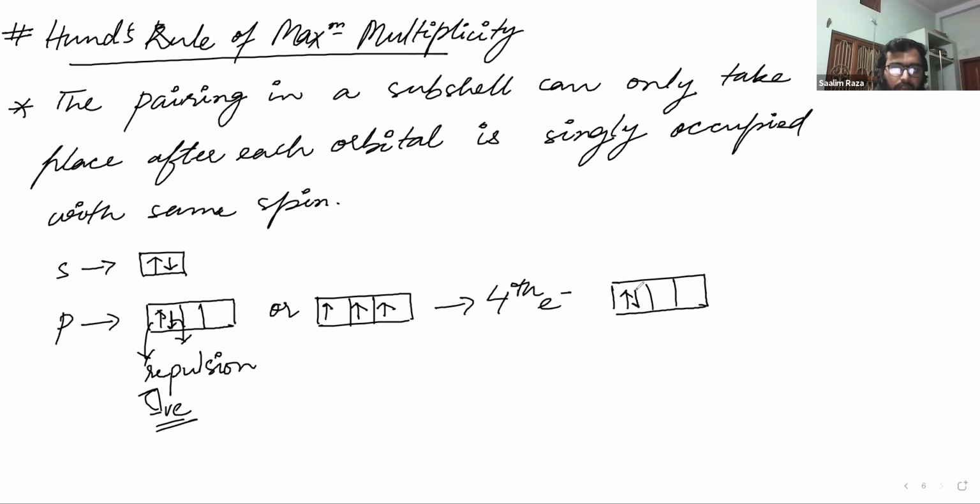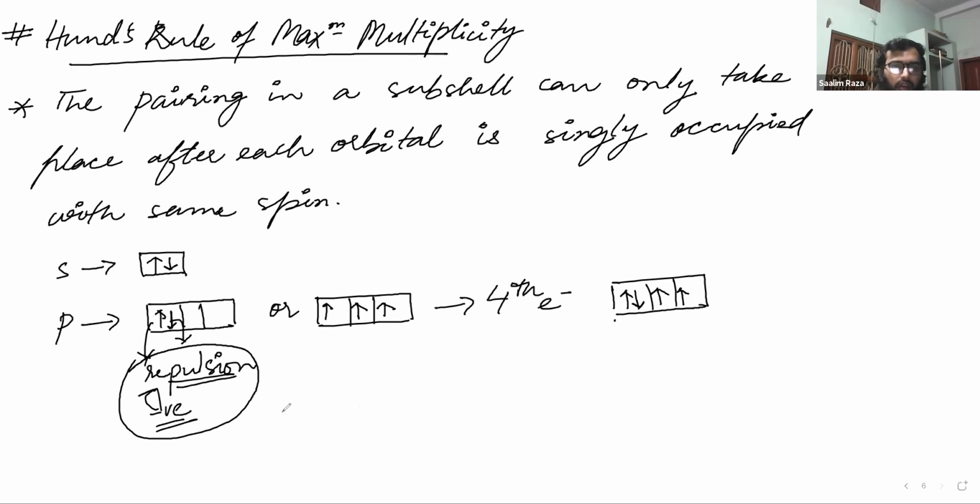Usually we pair with the first orbital, but it doesn't matter. You can pair with any of these three orbitals. What is the reason that this pairing does not take place the first time? It is due to the repulsion. But now when you have the fourth electron, you don't have any choice. So you have to compensate for the repulsion, kind of collateral damage, and you have to pair these further electrons.